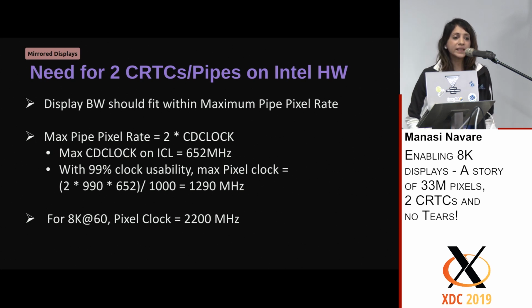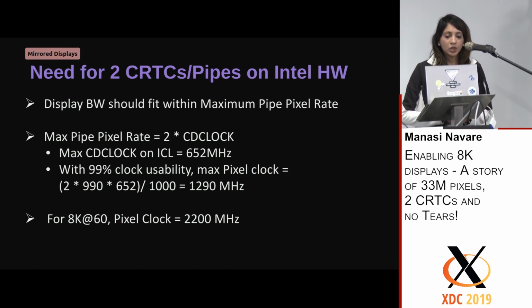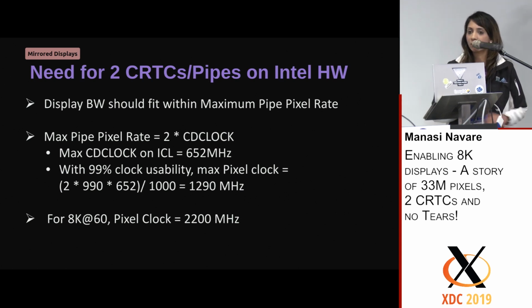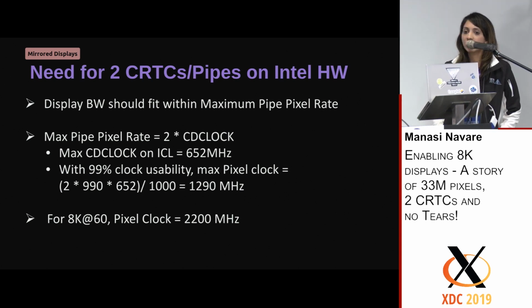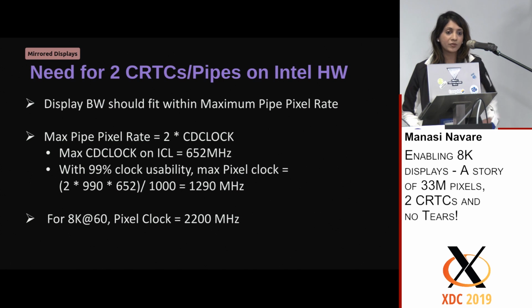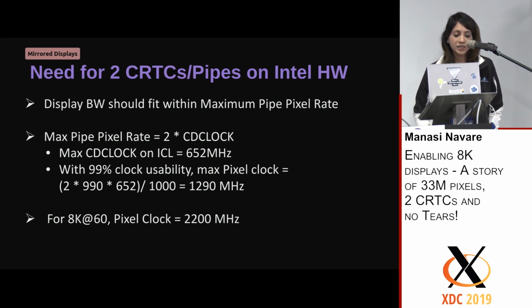And then the other thing that limits the display resolution you can output on any hardware is how fast a pipe can run. On Intel hardware, the maximum pipe pixel rate that we can do is 2 times the CD clock. For example, on the latest platform, Ice Lake Gen 11, the maximum CD clock is 652 megahertz, and the maximum peak pixel rate that we get is only 1290 megahertz.